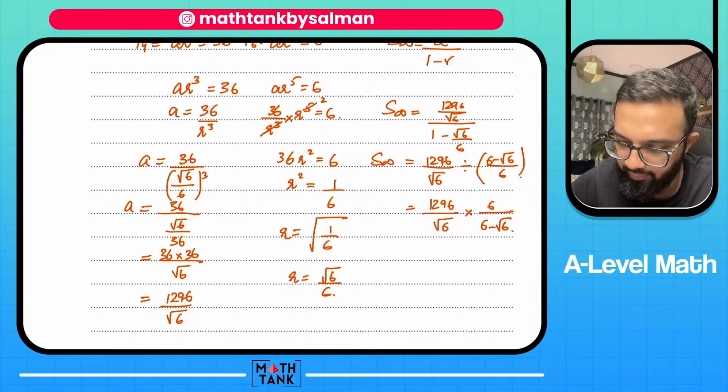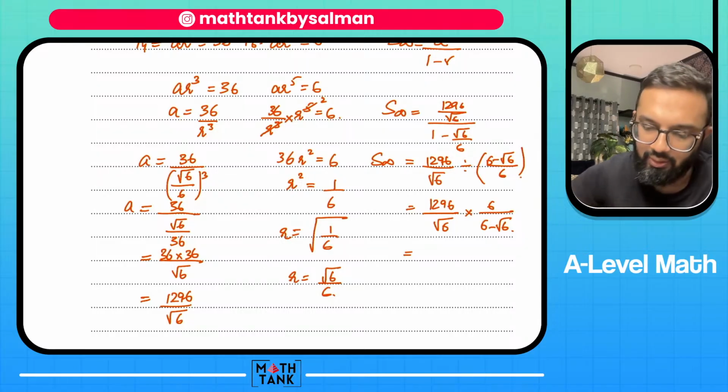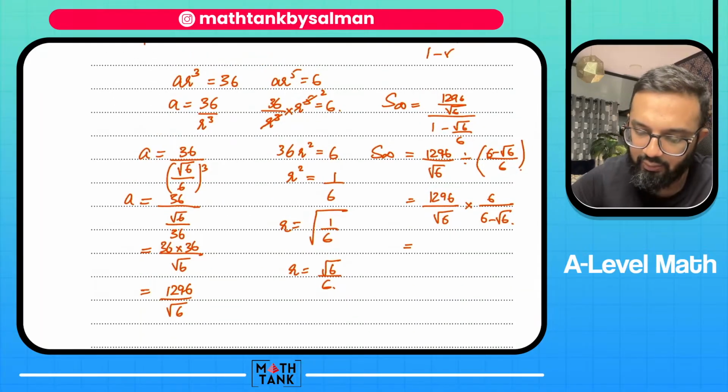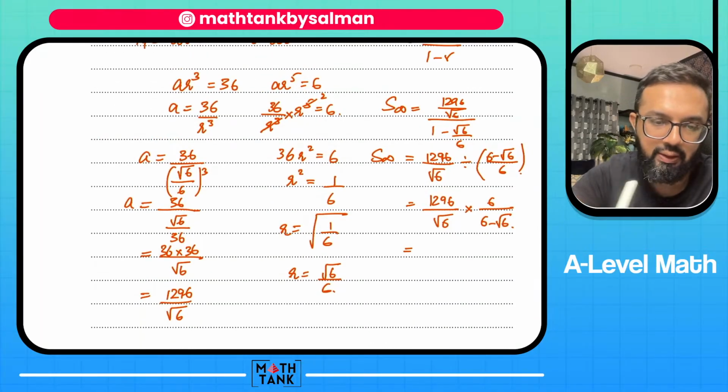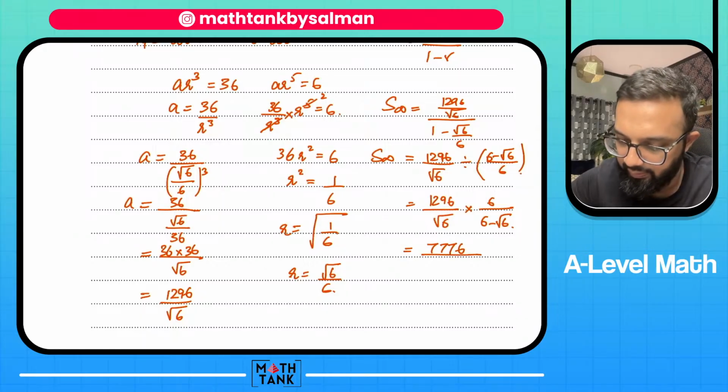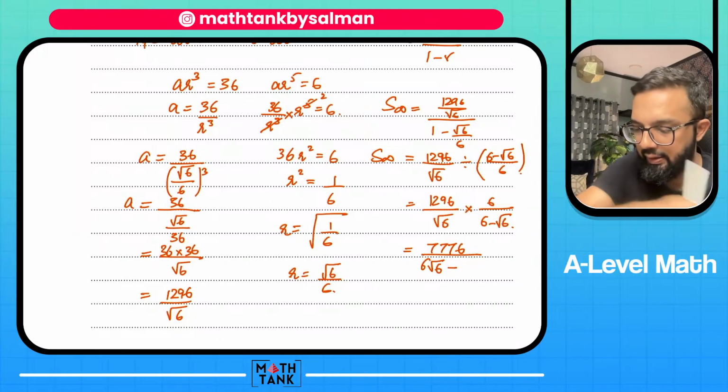Okay. What form do I want? I want it in the form this. So 1296 into 6 is 6 root 6 minus 6.